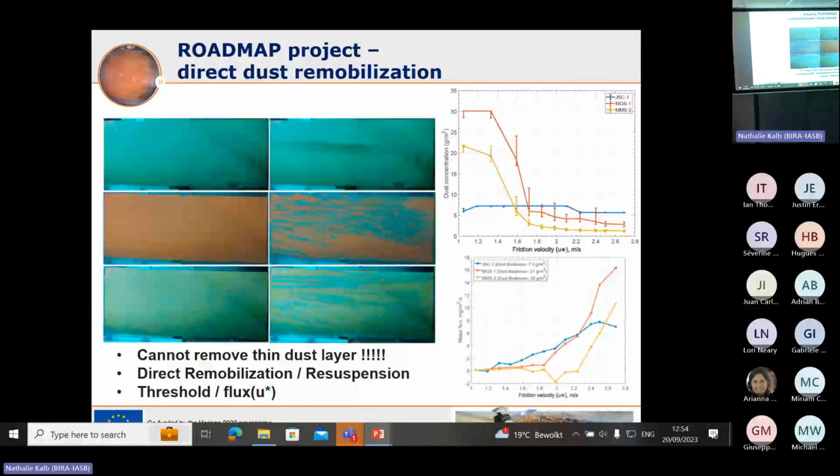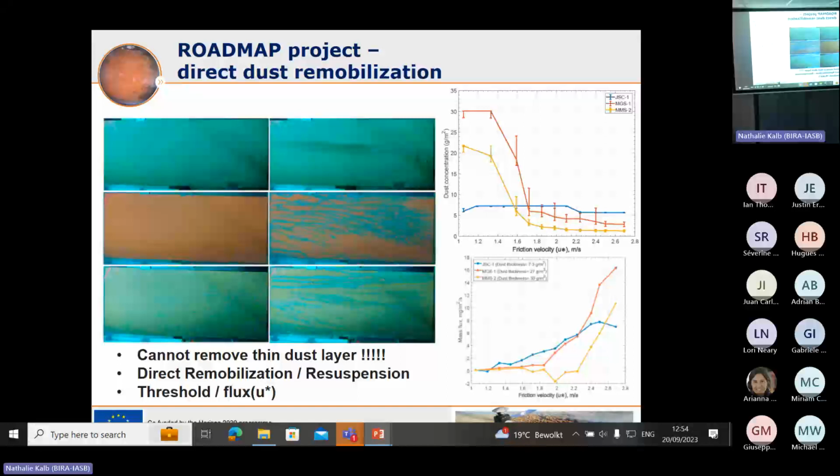If you want to move dust directly, it has to be a thick layer, like a really thick layer, at least more than a monolayer thick, which corresponds to many grams per square meter. But then when you get these really thick layers, you can remove it at wind speeds already comparable or even slightly less than the speeds needed to move sand. So this is already pretty exciting. This is really the first time this has been seen.